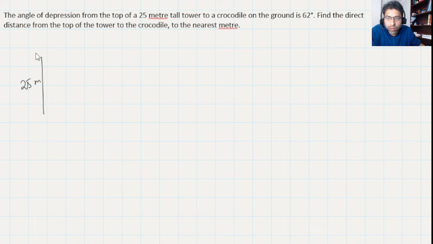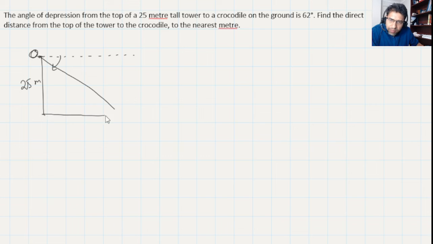So it means the observer is here, from the top of the tower, and the angle of depression again is measured from the horizontal line. So you have to make a horizontal line from the observer point here, and then the angle of depression from the 25-meter tall tower to a crocodile on the ground is 62 degrees.